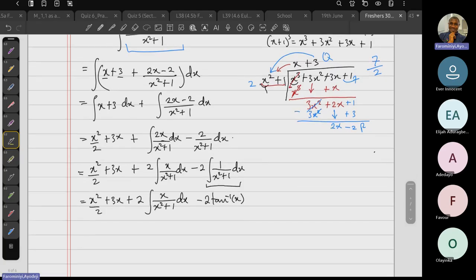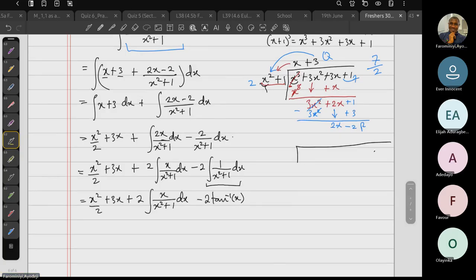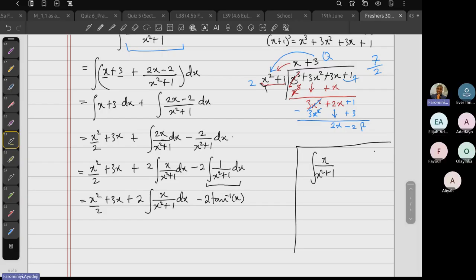So then we are now going to concern ourselves with the integral of x over x squared plus 1 dx. So let's assume this is just the question you are faced with.